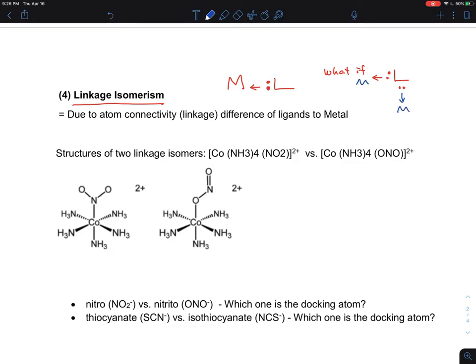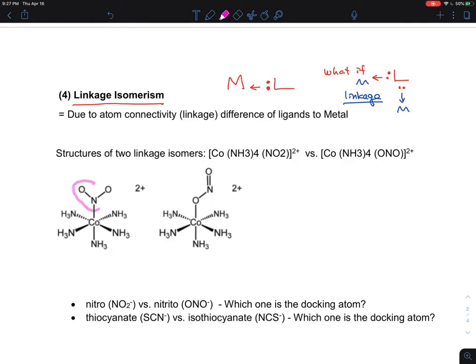These two different scenarios are related to the linkage. More specifically, we have to find out which atom, what lone pair from which atom, is connected to the center metal.